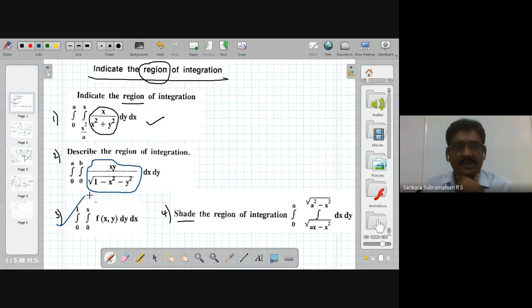Now shall we go for the third problem. Indicate the region of integration for problem number 3: 0 to 1, 0 to x, f of x comma y, dy dx.